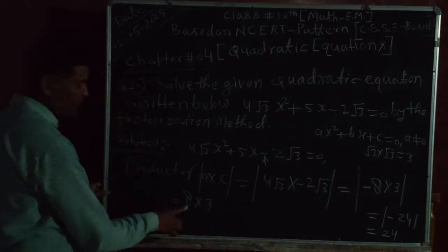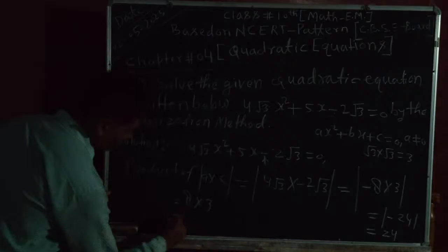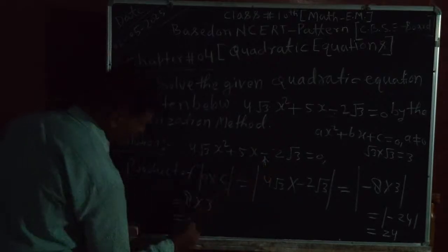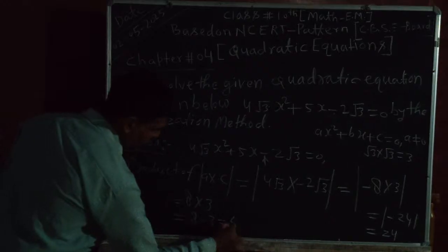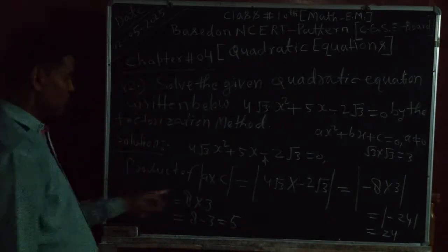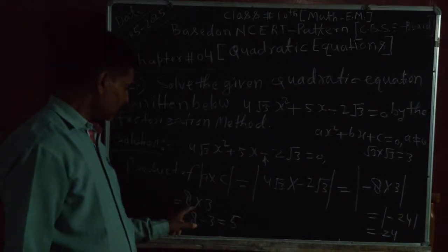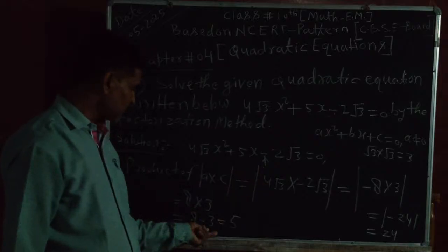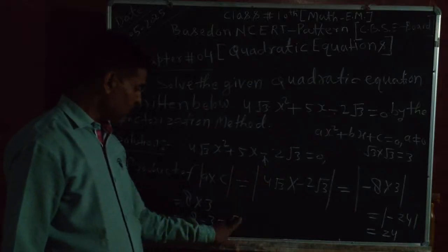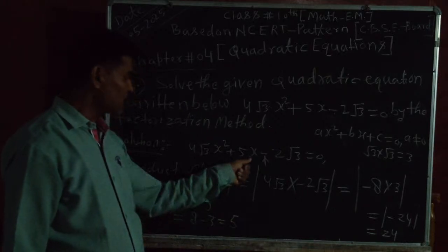After multiplication of 8 and 3, that will be 24. Now I will subtract, 8 minus 3, that will be 5. So that is the coefficient of x.